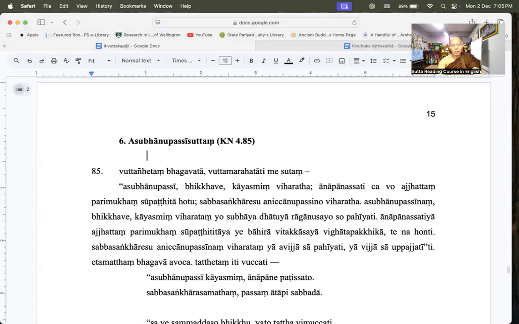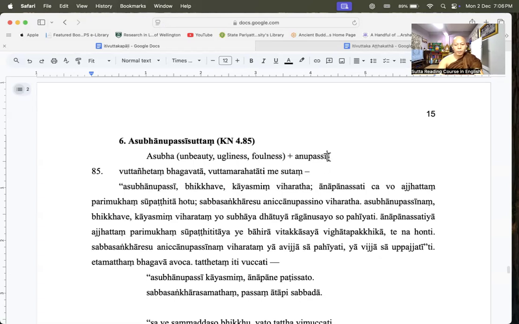So that one can be divided into Asubha and Anupassī. So the word Asubha means ugliness or formlessness.